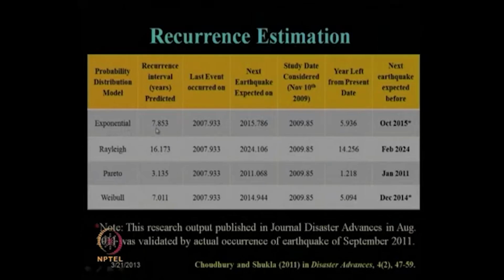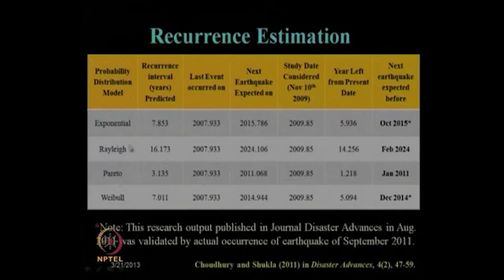It says after the 2007 November, the next one will occur in 7.853 years, whereas as per the Rayleigh model it says after 16.173 years. As per the Pareto model it says 3.135 years, whereas as per the Weibull model it gives 7.011 years. Now, as we have mentioned, for the given data set the better models are the exponential and Weibull models, right.